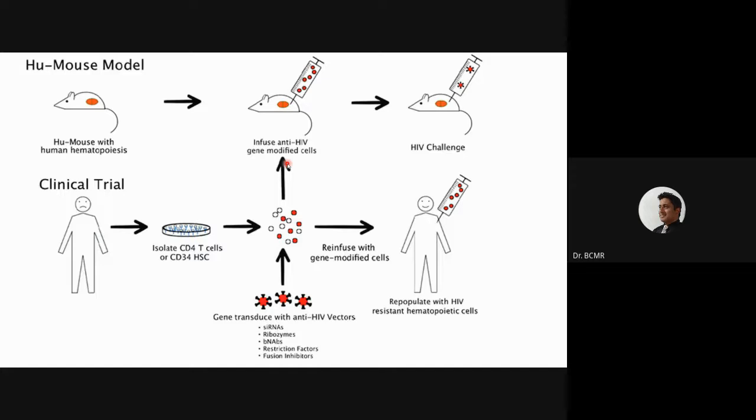Then we want cells that are resistant to HIV entry, right? So we take those cells, modified by some genetic manipulation, and put them into the mouse. Now this mouse has the modified cells, and then we give the HIV challenge. That means we are injecting HIV. And then we are checking whether the cells that we have put in are getting infected or not.